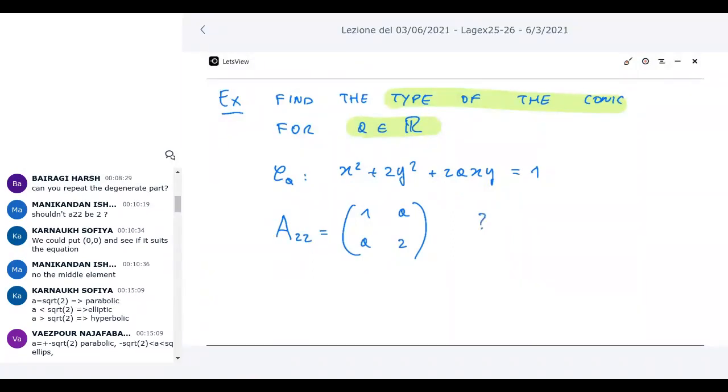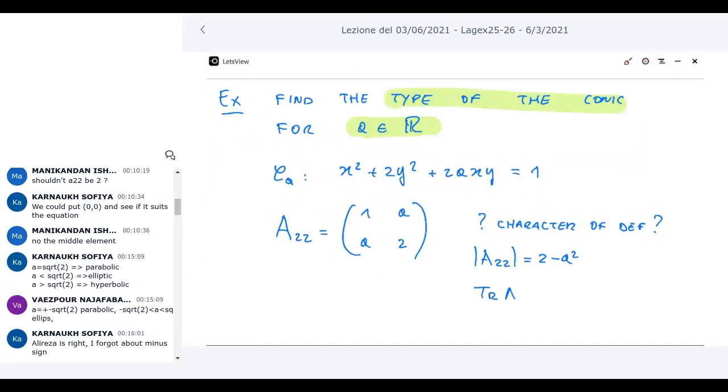So I'm going to look at the character of definition, which means the sign of the eigenvalues. And again, since it is 2 by 2, it's going to be very easy, because using determinant and trace, we are going to be safe. So the determinant is going to be 2 minus a squared, and the trace is going to be equal to 3.